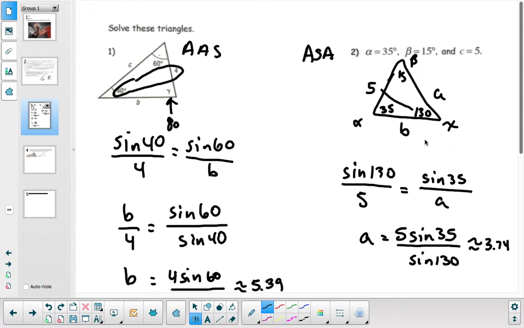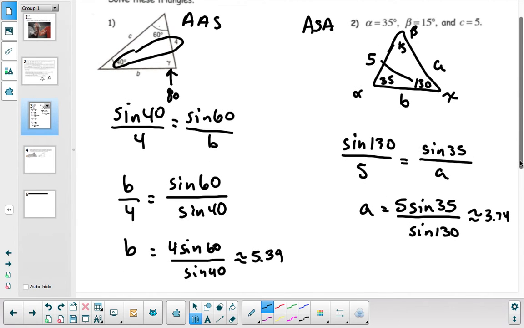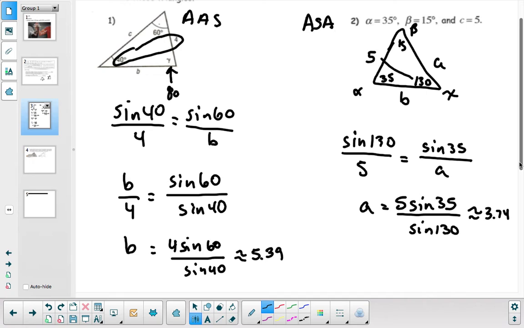So smaller than 5, since 35 is smaller than 130. Don't worry too much about how close they are. That's okay. 130 is not very close to 35 degrees, but 3.74 feels really close to 5.